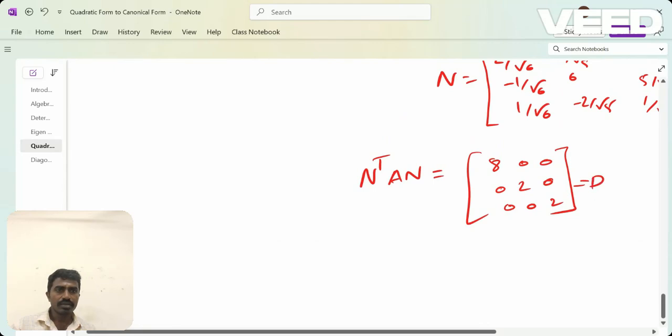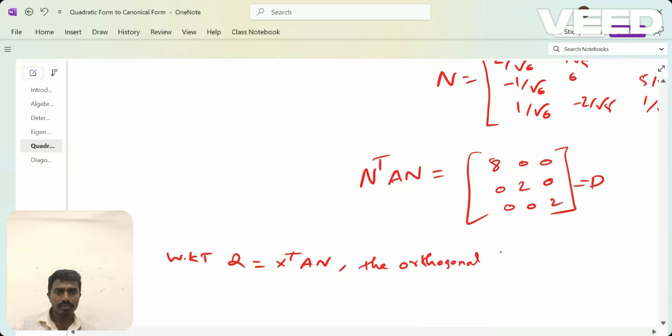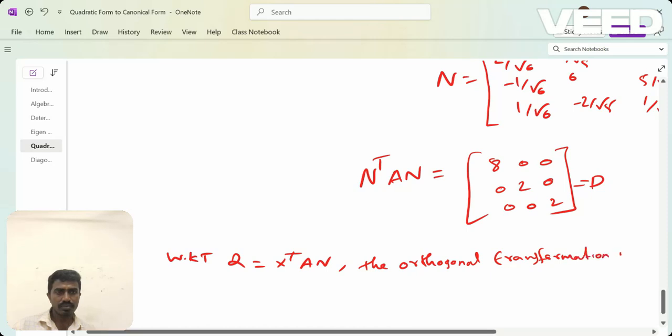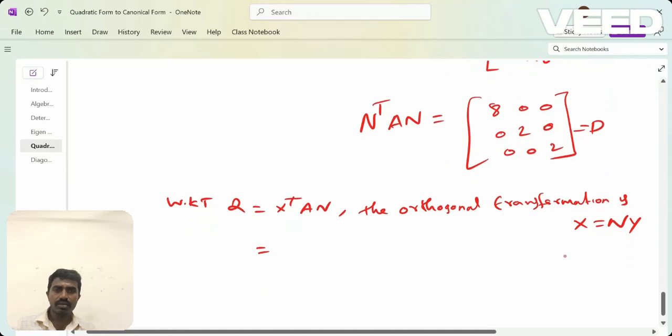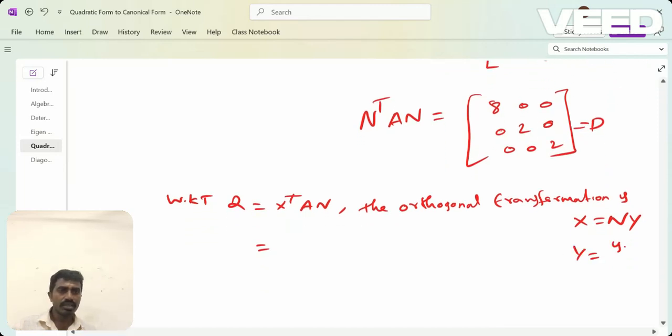Now we know that Q equals X transpose A X, and the orthogonal transformation is X equals N Y, where Y is a column matrix Y1, Y2, Y3.